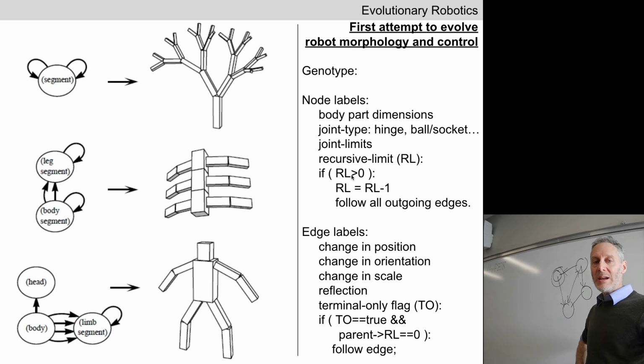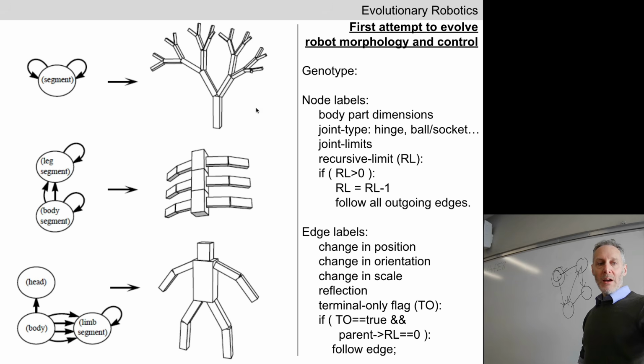And when we come back again to the node, so we're sitting here, we've just built this piece, we follow the left-hand edge and come back to here, all ready to construct something, but now RL equals 0, and when RL equals 0, we don't follow all outgoing edges. We're done. That's the recursive limit.